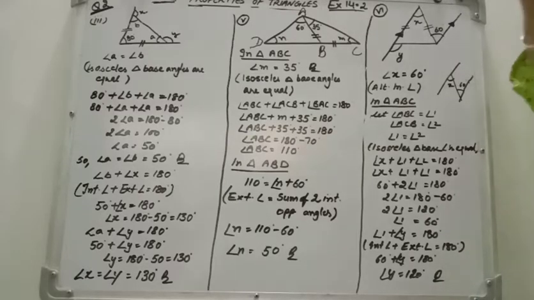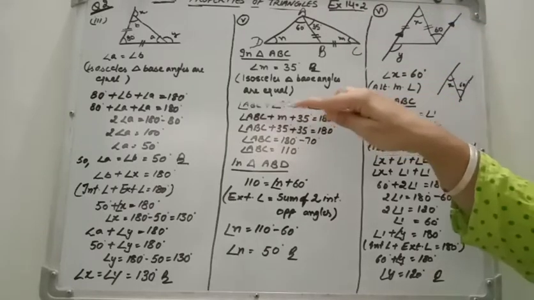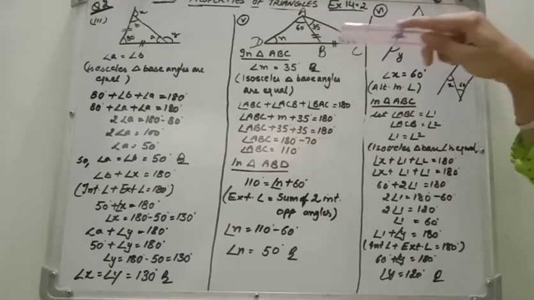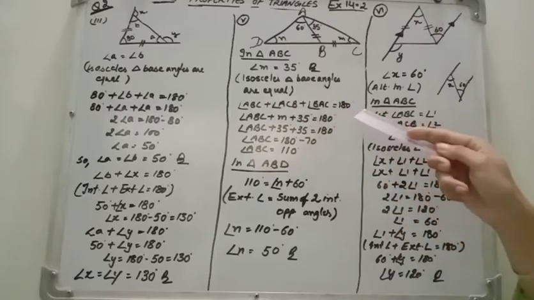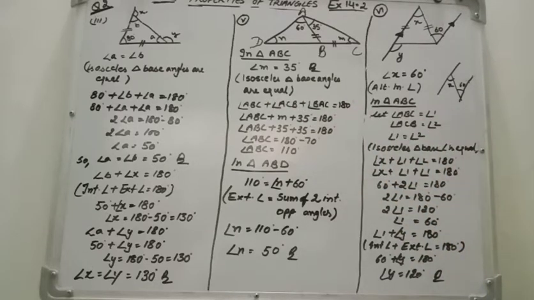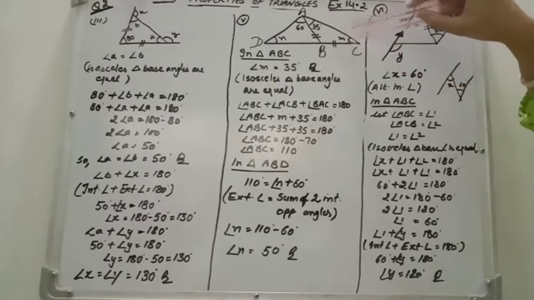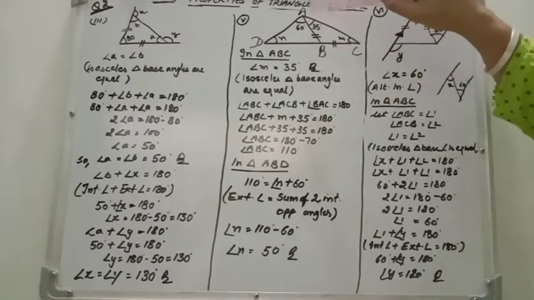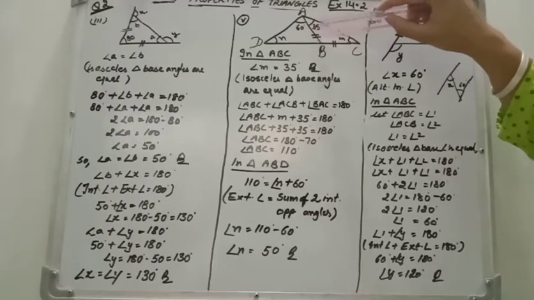Now we take triangle ABC again. Here we take the property: angle ABC plus BCA plus ACB, all the interior three angles, their sum is equal to 180 degrees. We have 35 at C and M at A, and at B we have to find out.